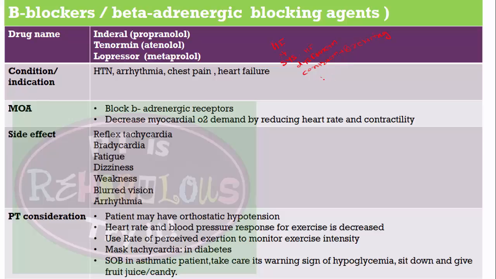So by reducing your contractility, it will improve your oxygen demand. More oxygen supply will be there, it will allow your heart to relax, and that's why there will be control of your heart failure.